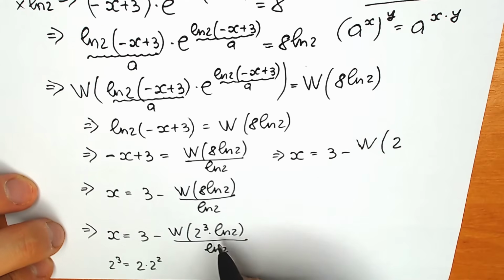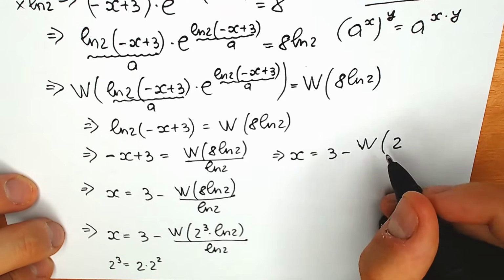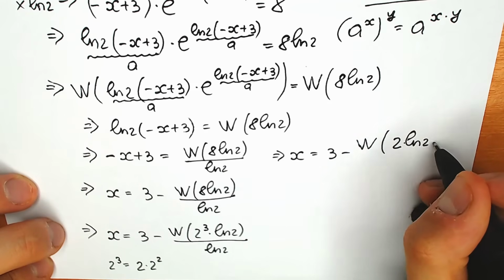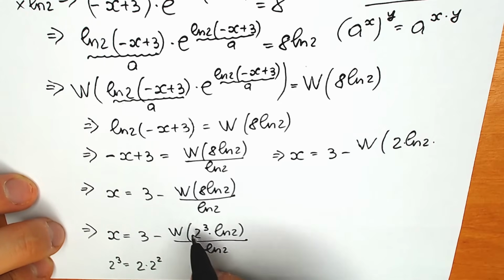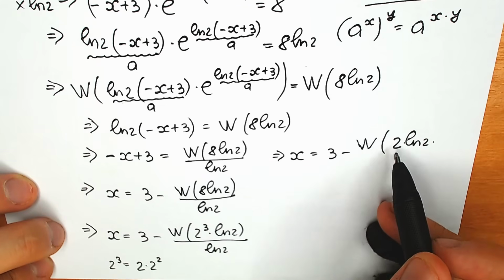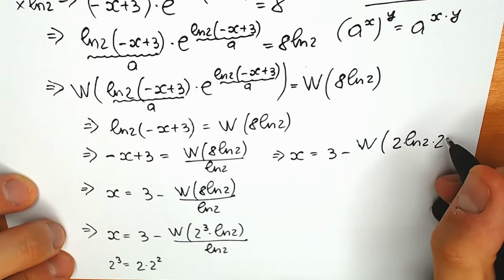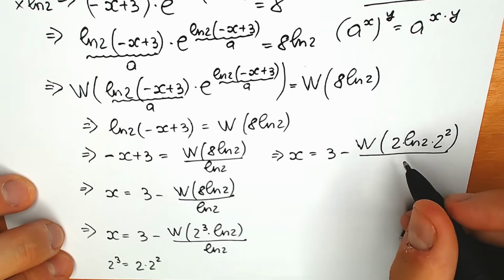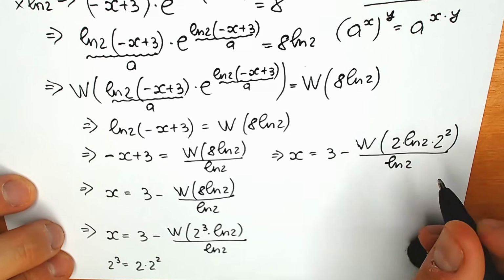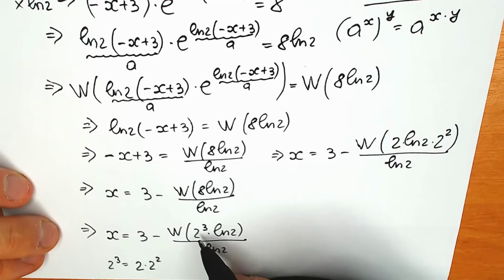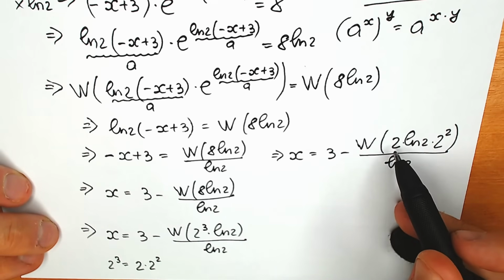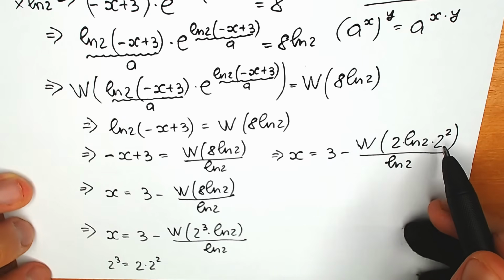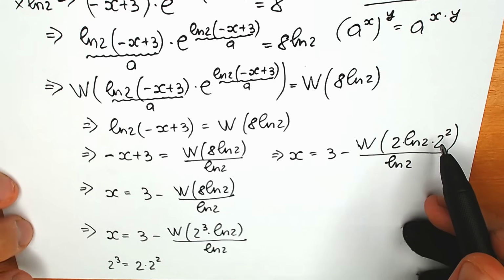On the second position, I just want to leave this natural log 2. So we just multiply by 2 square in the end, and we divide it by natural log 2. I just split this 2 cube, I just expressed it as 2 times 2 square. So I really hope you understand it.